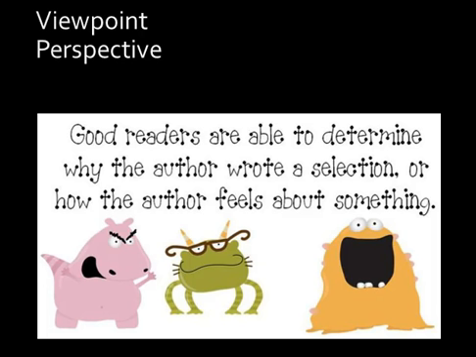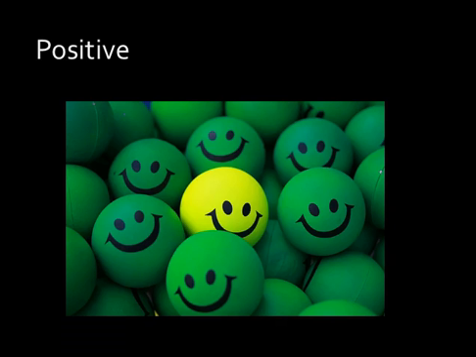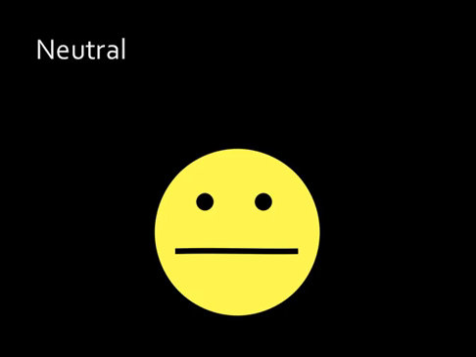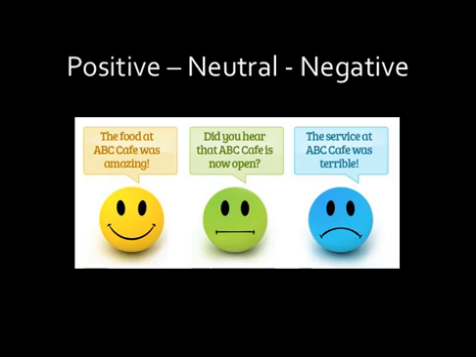An author's opinion or viewpoint might be positive, it might be negative, or it might be neutral, which means they're going to present both sides, or they're in the middle. They don't think positively or negatively. So again, an author's viewpoint or opinion might be positive, negative, or neutral.